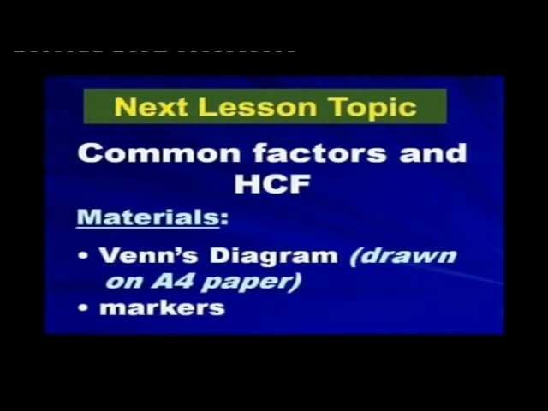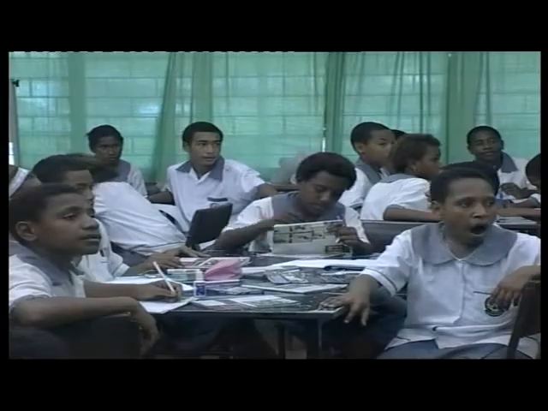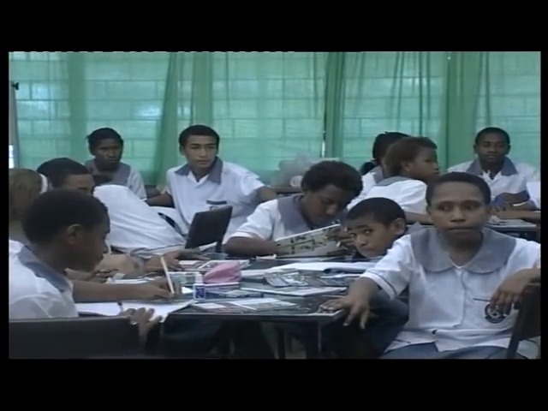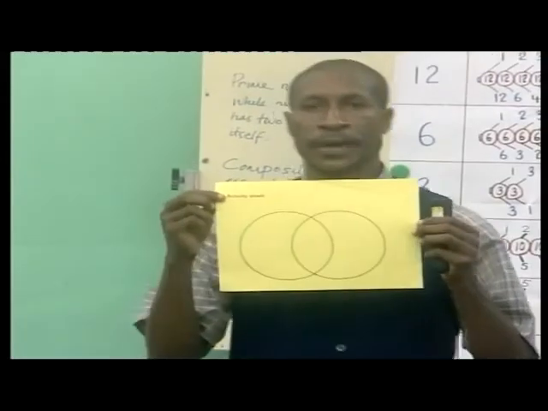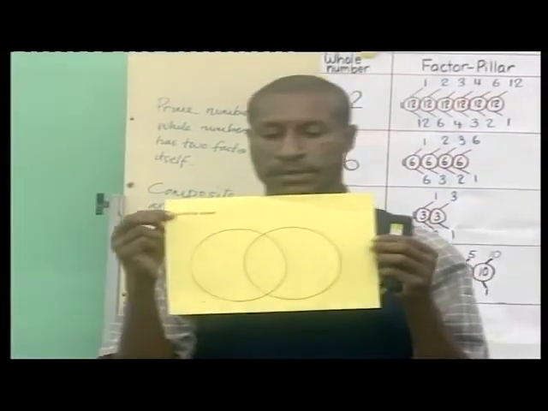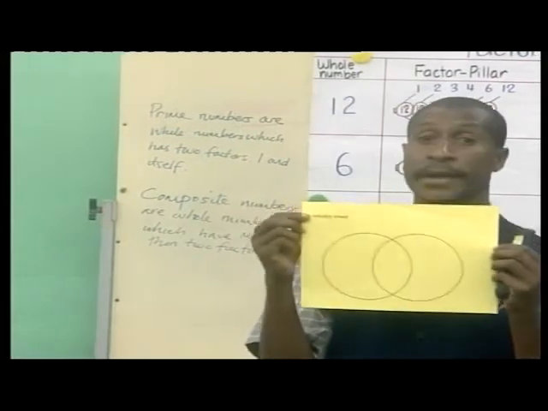Our next lesson topic is on common factors and highest common factors. HCF stands for highest common factors. So that will be our next lesson topic. For the next lesson, I'd like you to prepare an activity sheet, which is a Venn diagram.